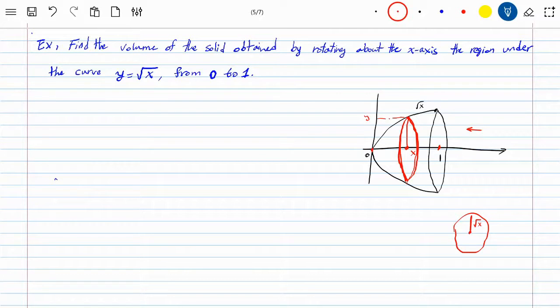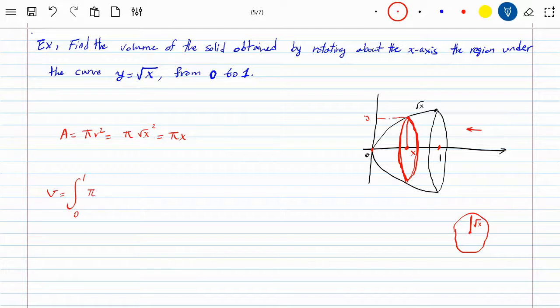So what would be the area? The area would be pi r squared. In this case, the radius is square root of x, so pi times square root of x squared, which is simply pi x. So what would be the volume? The volume would be the integral from 0 to 1 of the area A(x) dx.